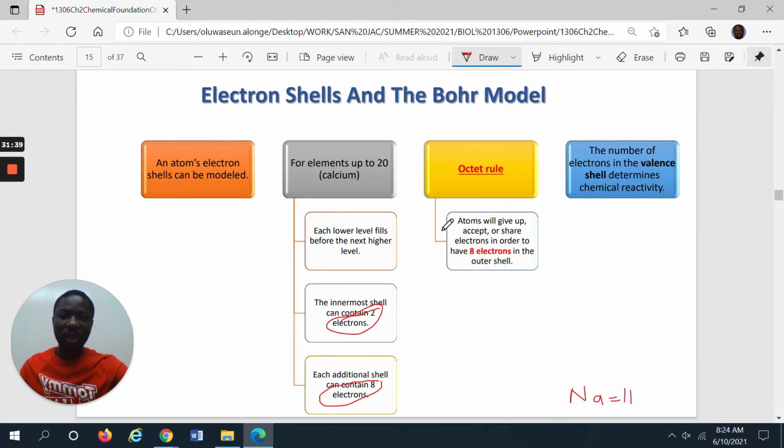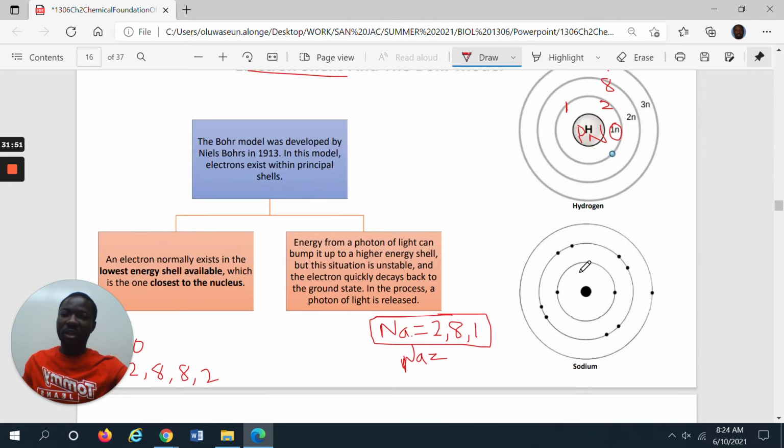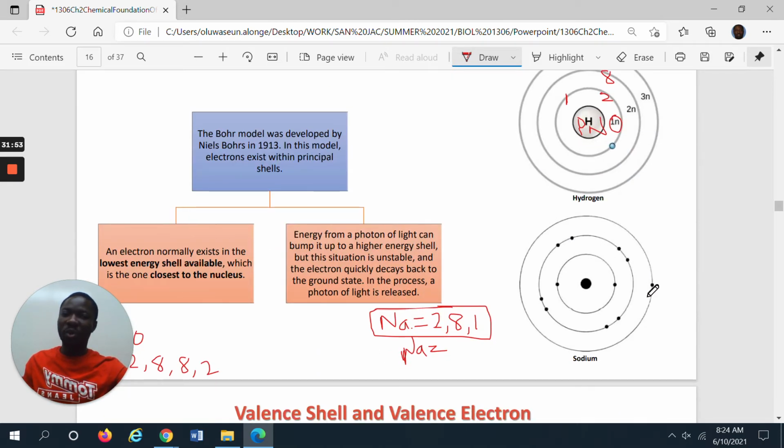Okay, so an atom will give up, accept, or share electrons in order to have 8 electrons. Now look at this atom. Chlorine has 1 electron here. This shell can take a maximum of 8, but it has just 1.